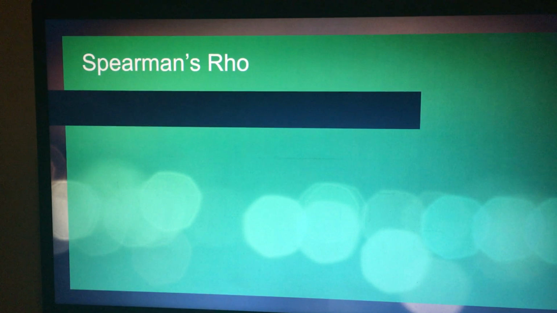Therefore, in real life, we're going to use statistical software to conduct the analyses. The steps for computing Spearman's rho in JASP are pretty much identical to what we did with Pearson's r. We just have the added step of checking the box for Spearman's rho.